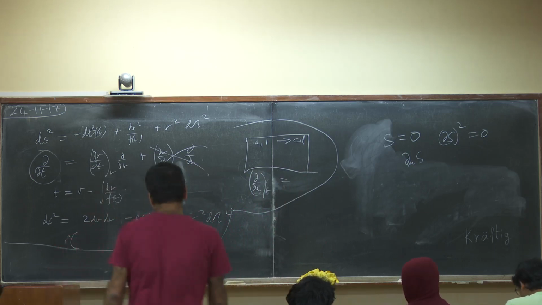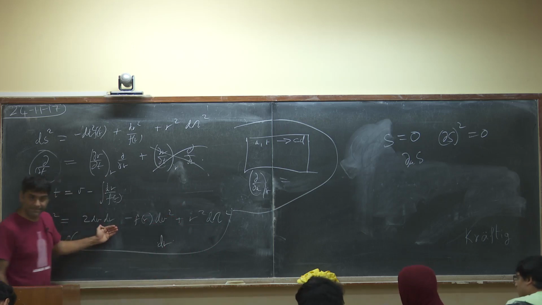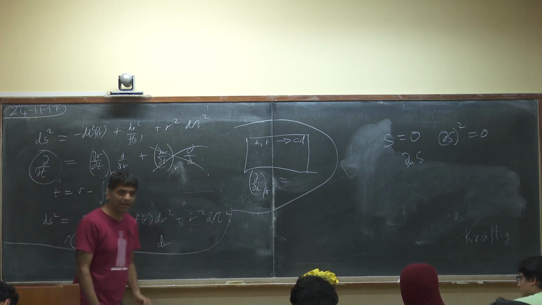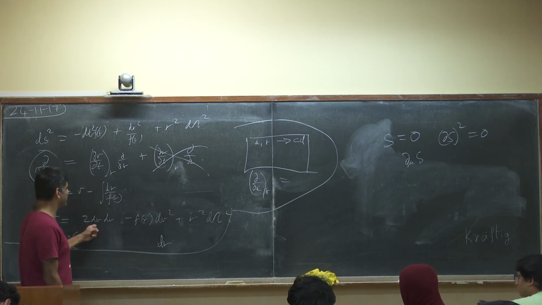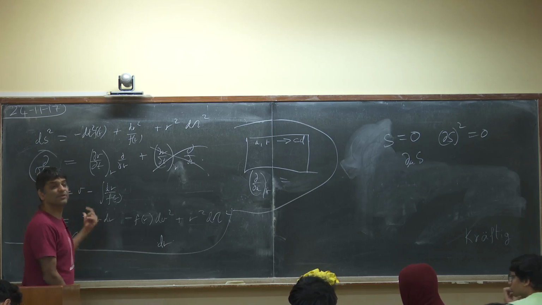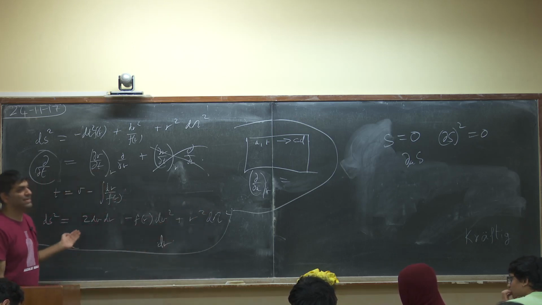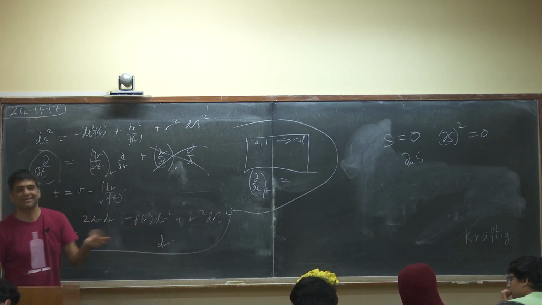In Eddington Finkelstein coordinates, it's clear that lines of constant v, theta and phi are null because there's no term in the metric that has a dr squared. So if v is constant, theta and phi are constant, everything is 0, because every term is proportional to at least one of dv, d theta or d phi.